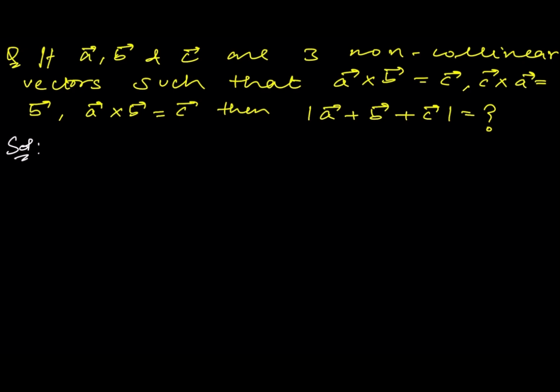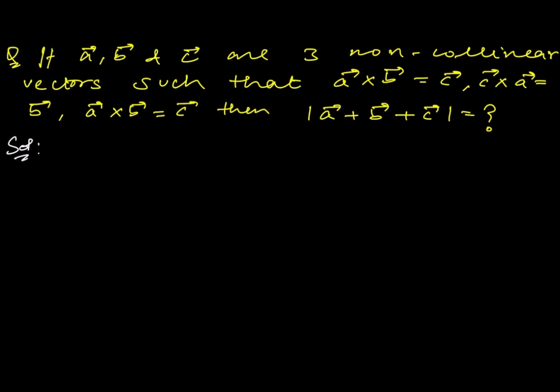Now for this mod, what we have to do first? We have to take square. Like in other questions, if we have to find the magnitude or the mod of a given vector, then we take square first. So let us proceed.